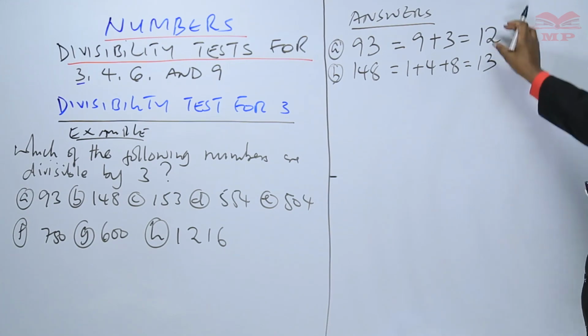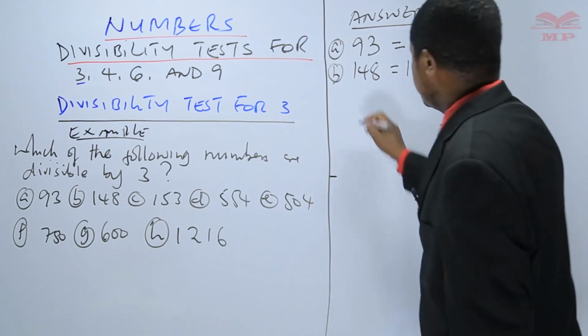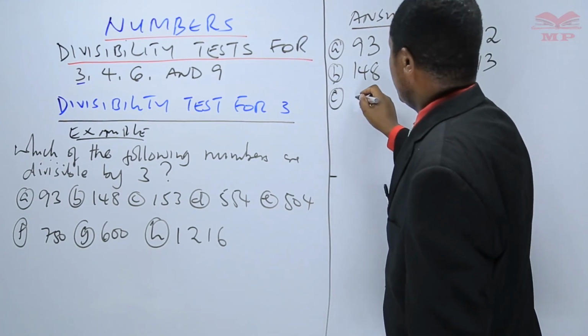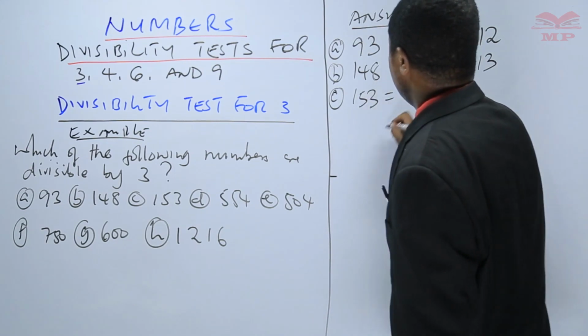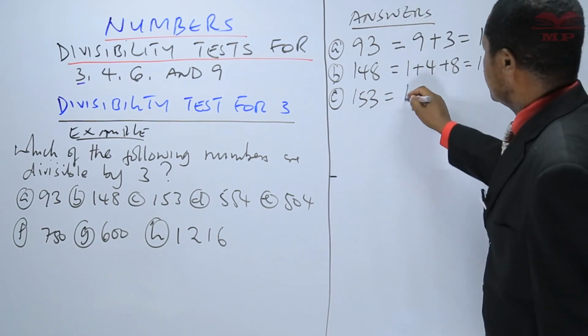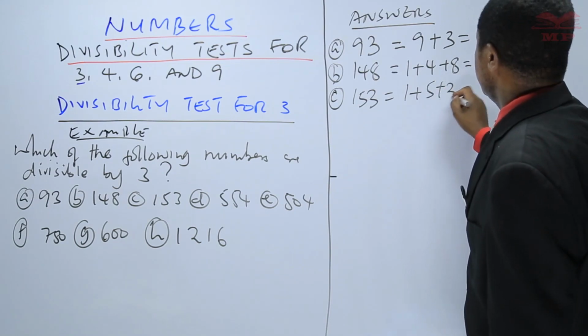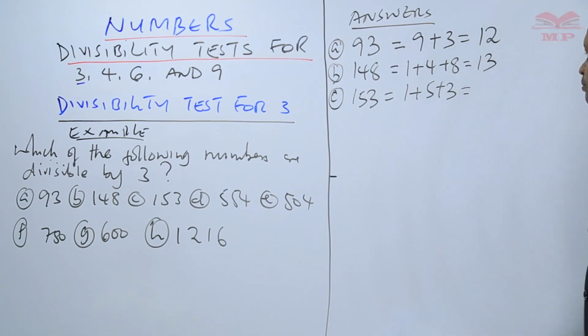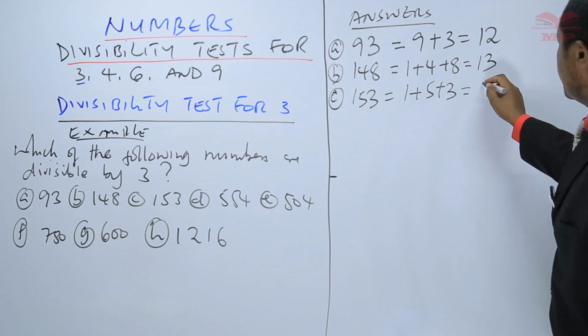Okay, let's get the sums first. Then we come to C, 153. The sum of the digits, 1 plus 5 plus 3, is equal to 9.